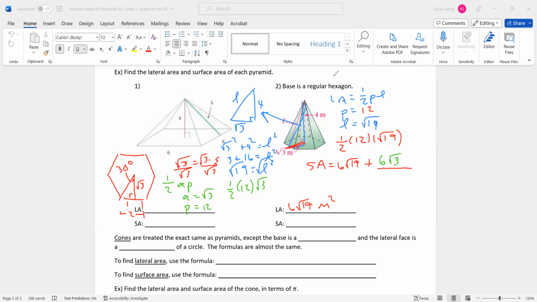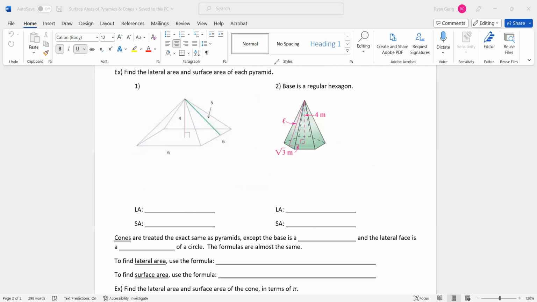And I can't put those together. 19 and 6 are different. So my surface area is 6 radical 19 plus 6 radical 3 meters squared. Okay. Nasty numbers, but just showing you that it is still doable.